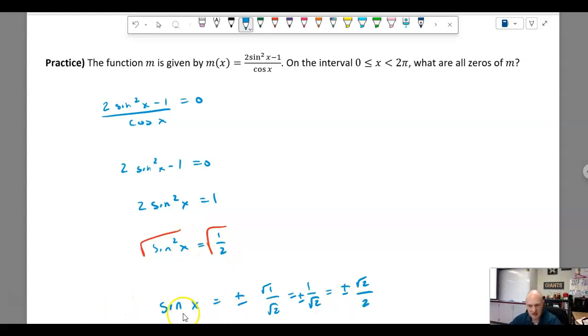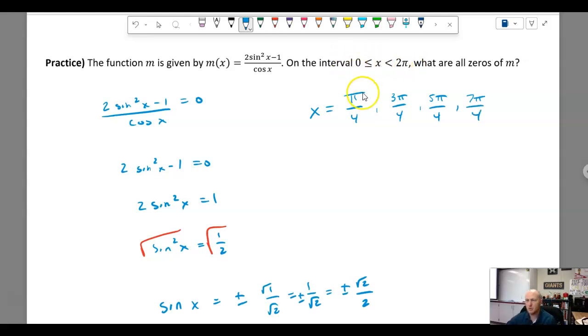Hopefully you recognize this as a pi over 4 angle, and it's all the positives and all the negatives. So our solution is going to be pi over 4, 3 pi over 4, 5 pi over 4, and 7 pi over 4, just on 0 to 2 pi.